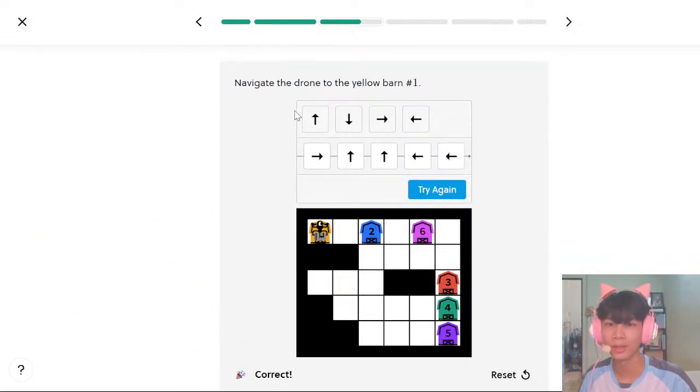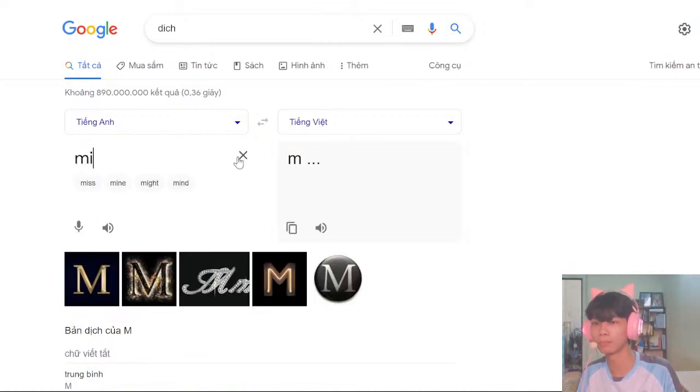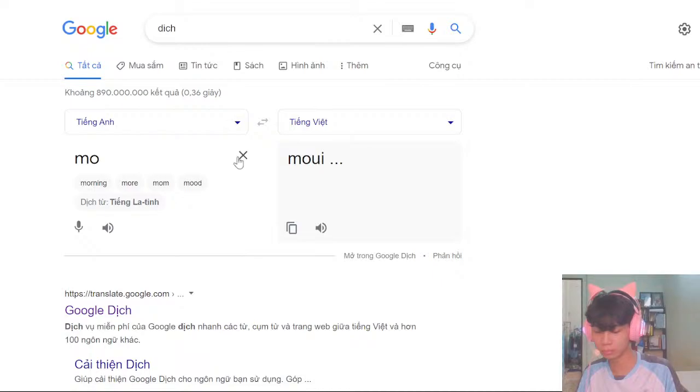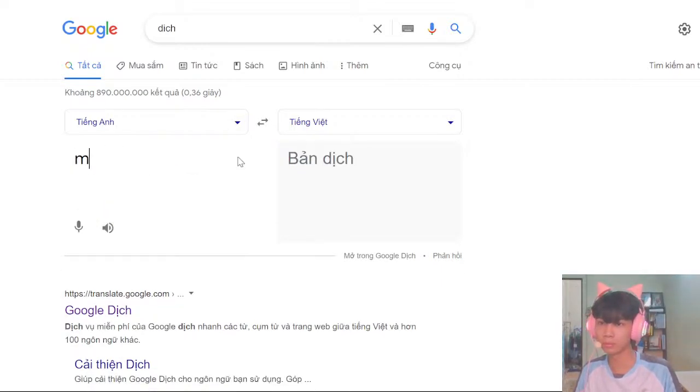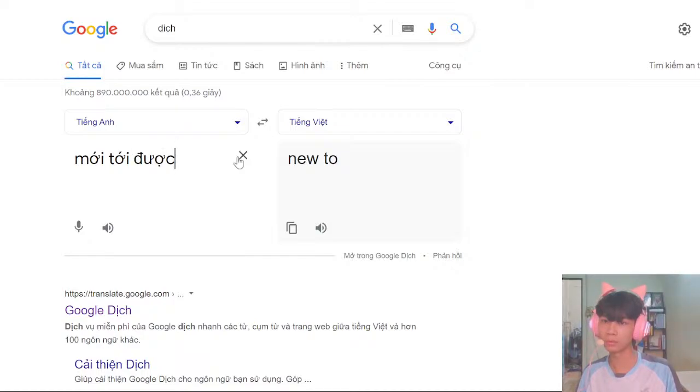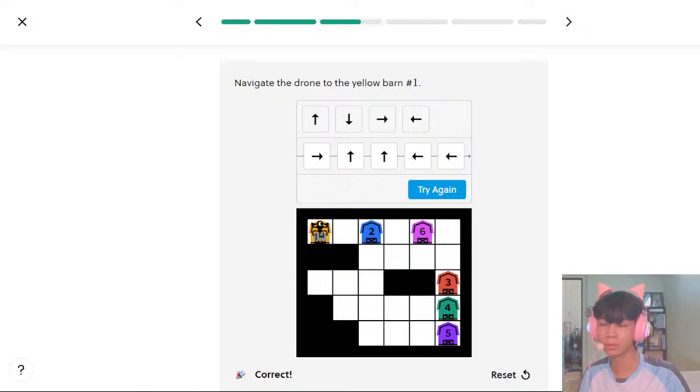So as we see, when we use these 5 blocks, we come to the yellow barn.